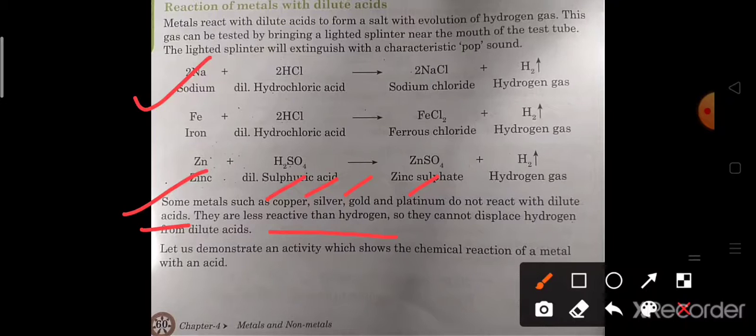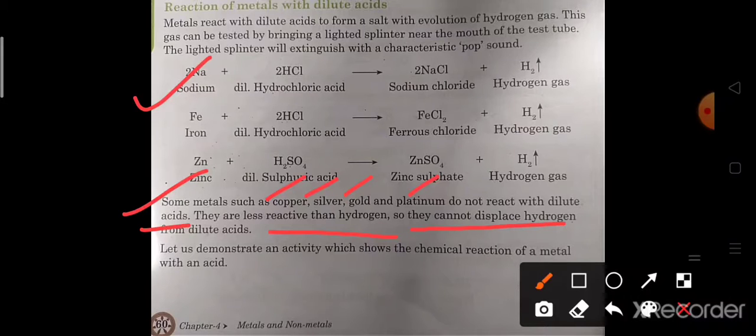There we are able to judge which metal will react with acid and which will not. For the time being you have to learn copper, silver, gold, platinum will not react with dilute acid, because they are less reactive than hydrogen. Clear? So they do not displace hydrogen from the acid.